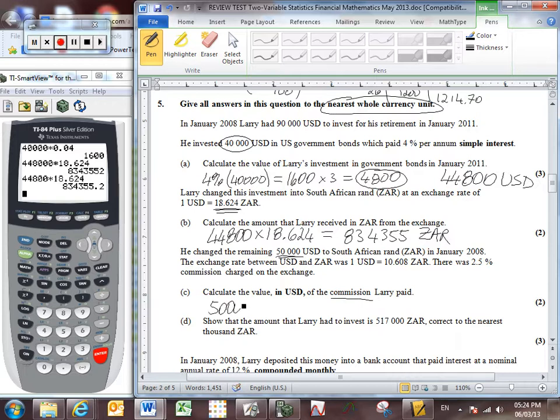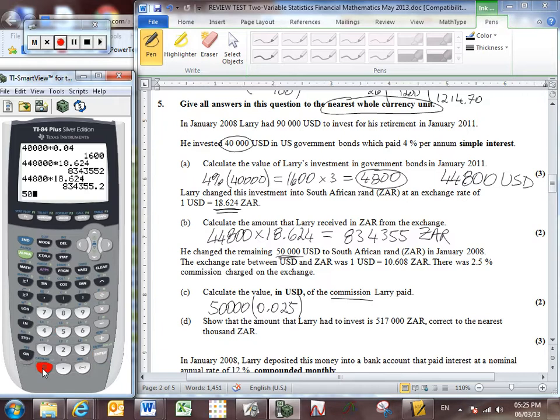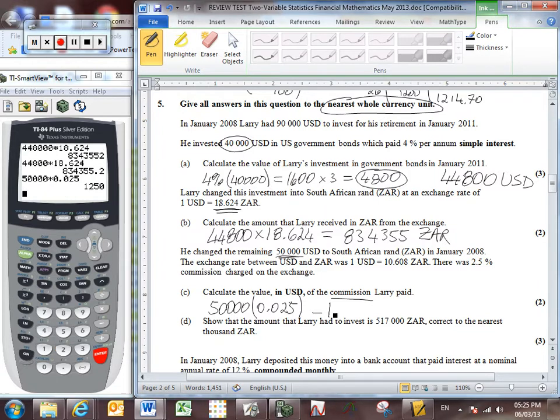So the 50,000 is multiplying 2.5%, or 0.025. Let's see what we get. 50,000 multiplied by 0.025. The commission he paid was $1,250. Wow. Expensive.